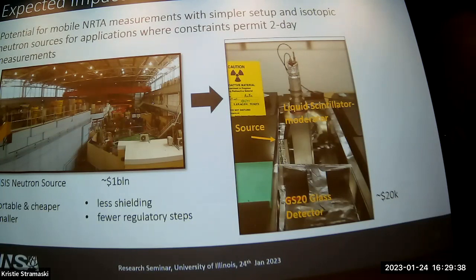It will get better if we can get rid of the background, which will allow us to use a higher activity source. If we can do that, then the collection time would get reduced. But for now, it's 40 hours or so. And yeah, that would be the expected impact. You can actually have this setup in most labs. It's pretty simple, very cheap, very easy to work with.